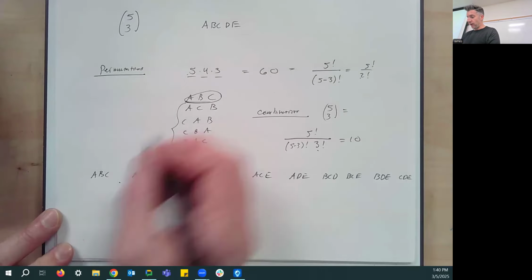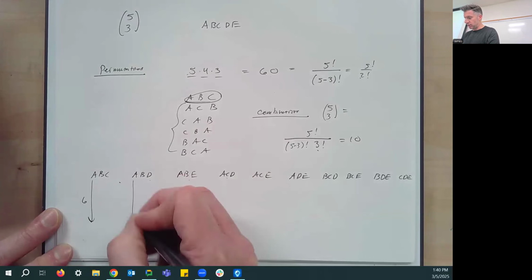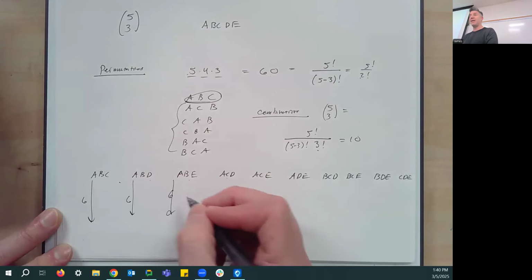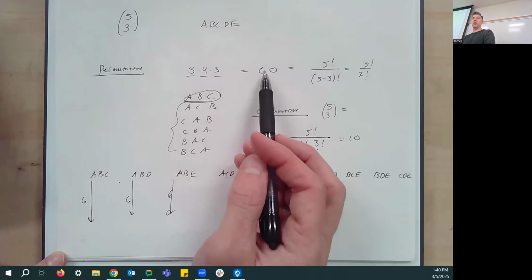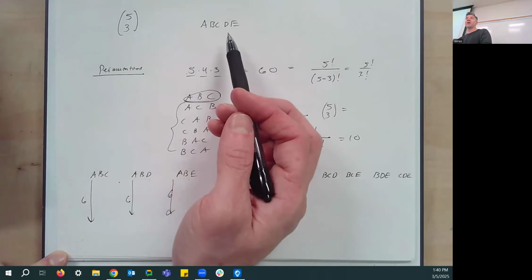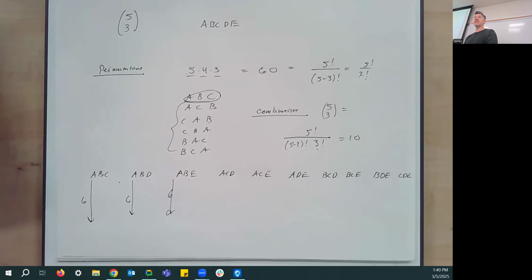So, right, you could have 6 things here, 6 things here, 6 things here. What's 6 times 10? It's 60 permutations. So for those 60 permutations of 3 things from a group of 5, there are only 10 distinct combinations. So again, permutations order matters, combinations order doesn't matter. So you almost should always have fewer combinations, meaning you should have more division when you're finding the number of combinations.